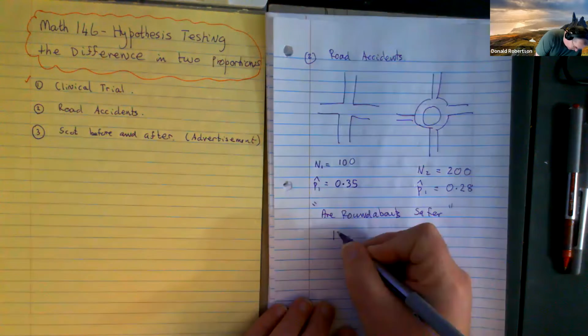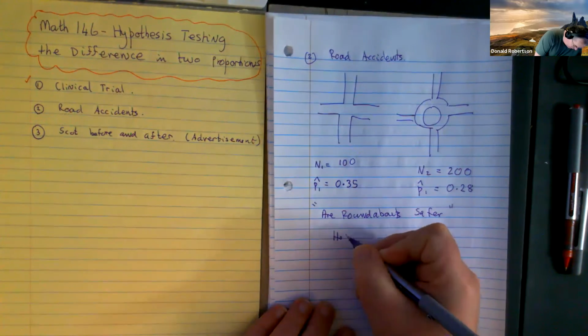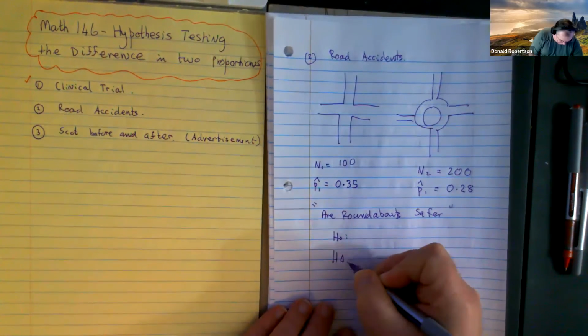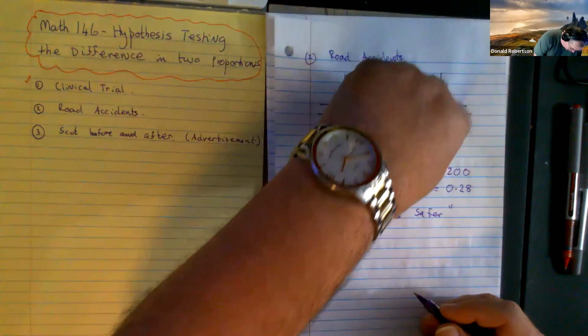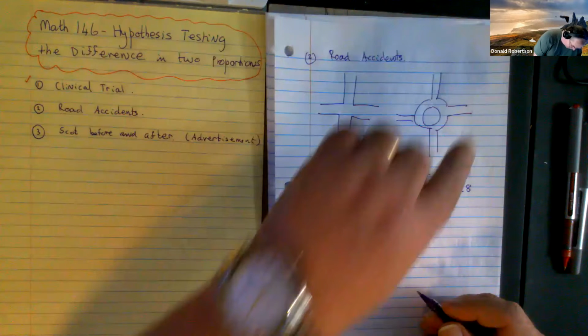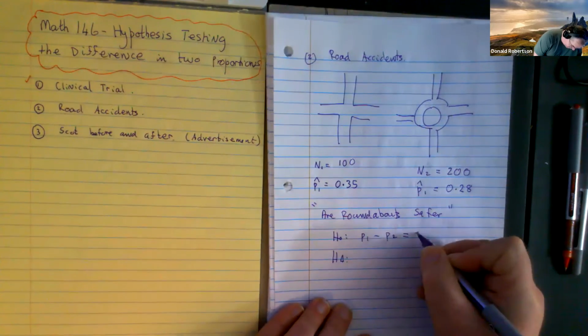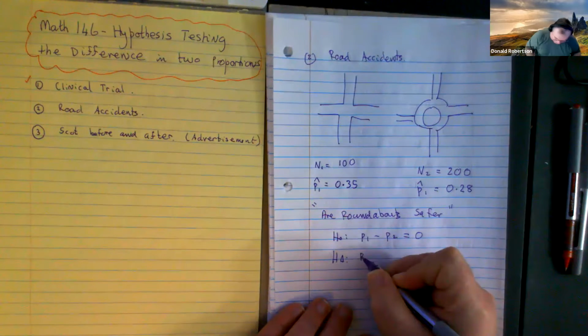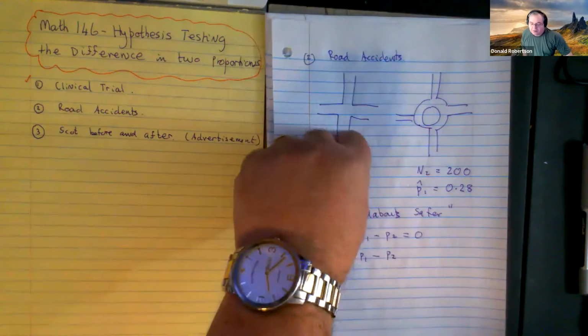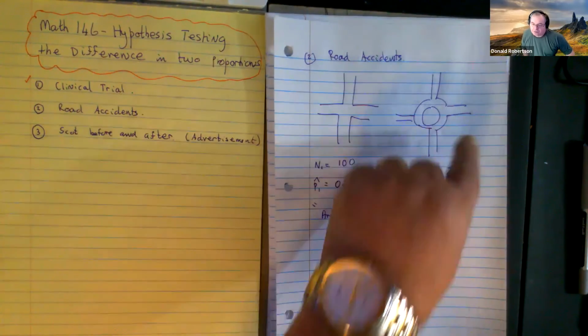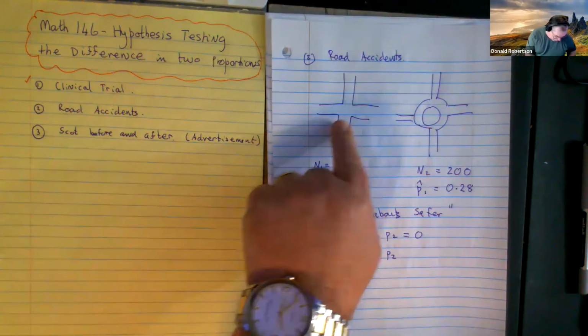Now, in the way that I've numbered the two situations, crossroads against roundabouts, the null hypothesis is still going to be that one. This is P1, this is P2. These are crossroads, these are roundabouts.